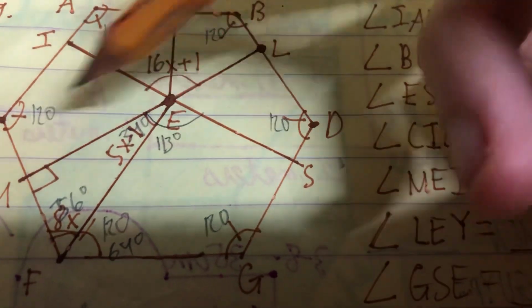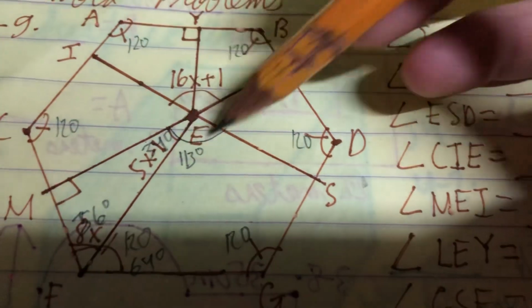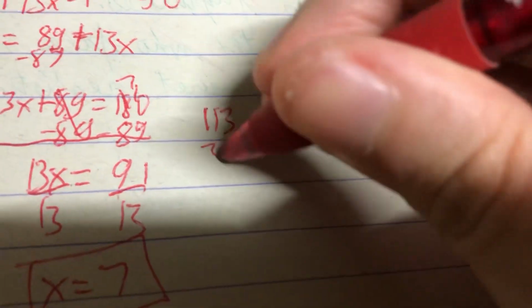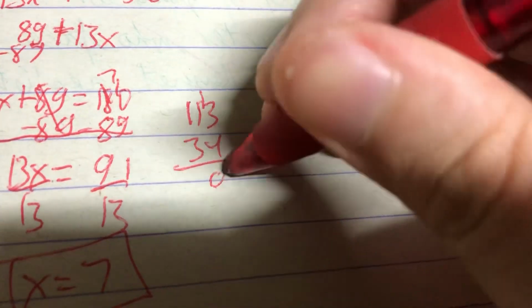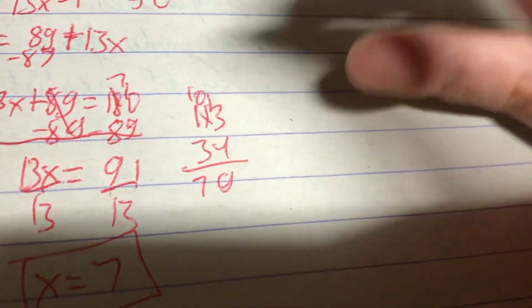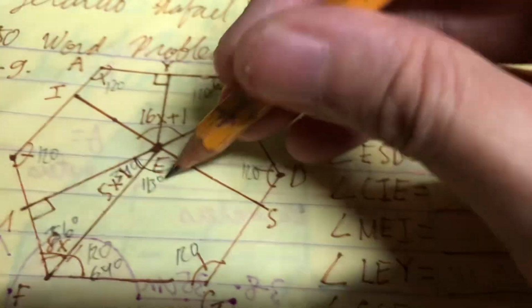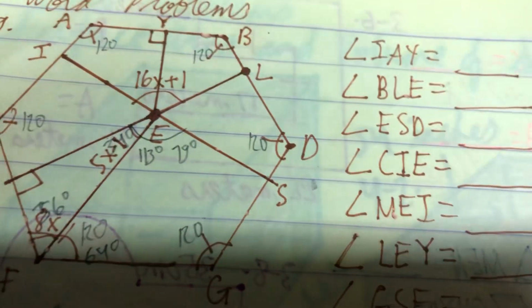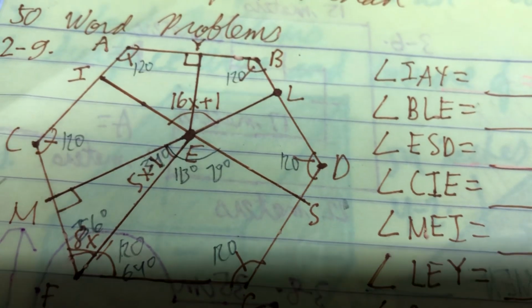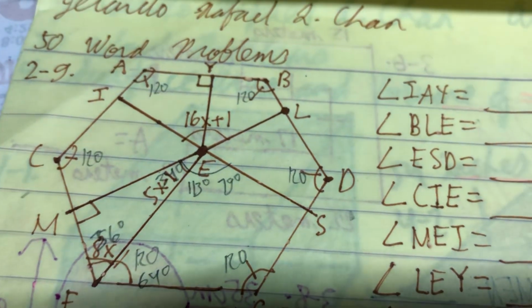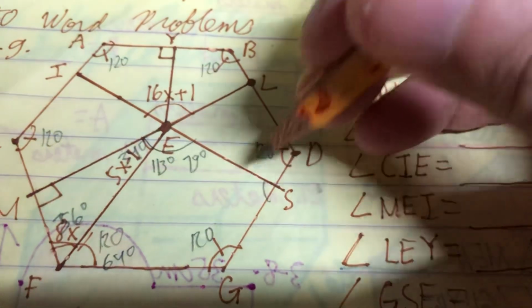So if this angle is 34 degrees and the entire thing is 113, what do we do to get the remnant? Subtract. So what we do is 113 minus 34. This becomes 79. 10 minus 3 is 7, 9. So therefore, the remnant angle must measure 79 degrees.